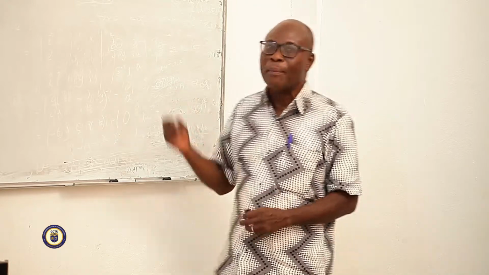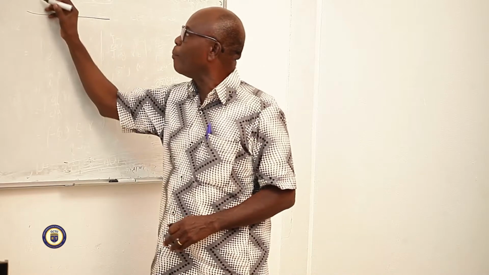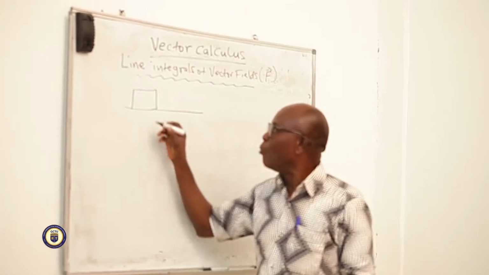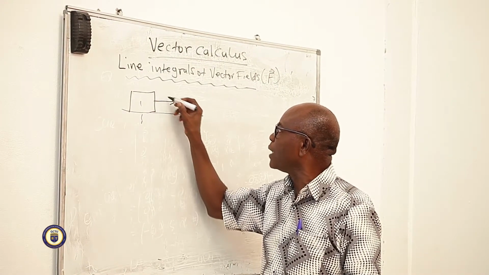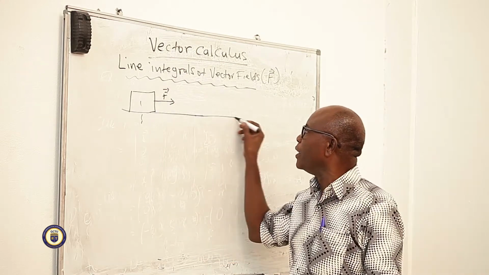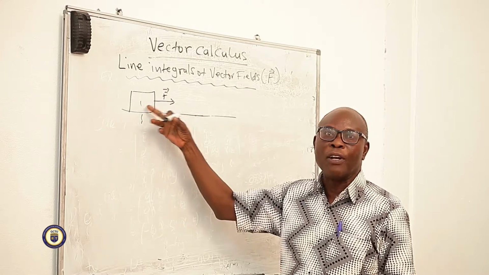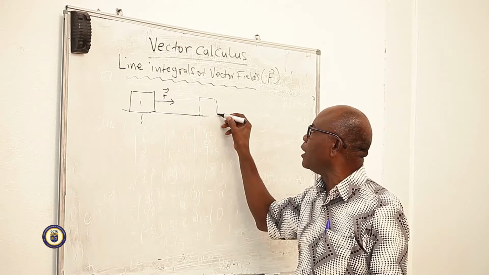So let's take the elementary situation where, on a smooth path like this, we have an object which moves from this point using a force F, and on this horizontal distance, this object with the force being applied to it moves to this position.